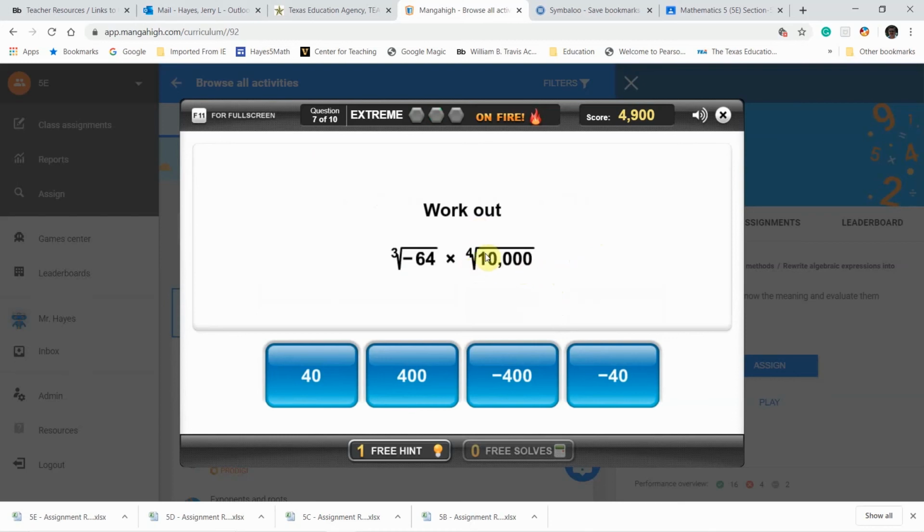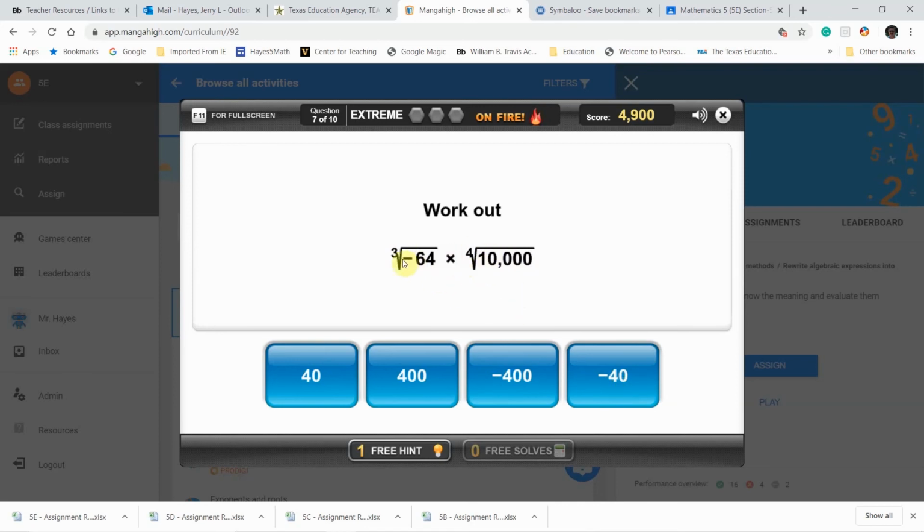But we know the fourth root of 10,000 is 10, right? What's the third root of 64? So we know this one is 4, and this one is negative, so my answer has to be negative, so it's going to be one of these two, right? Because a negative times a positive is a negative.